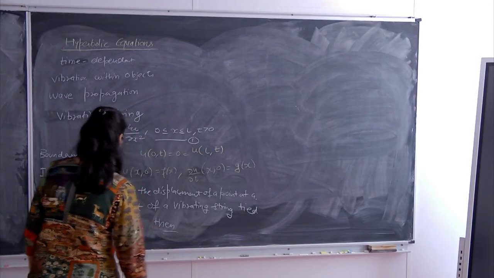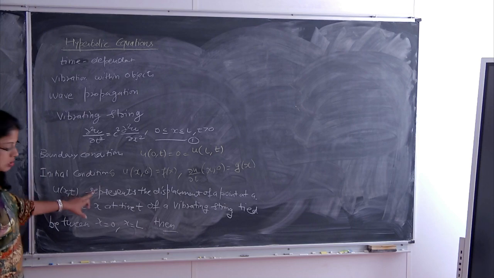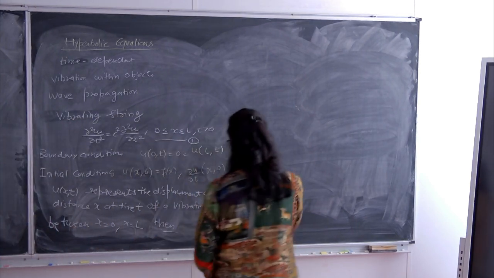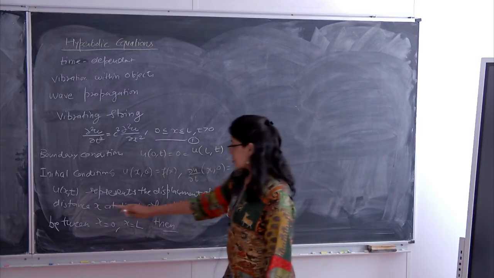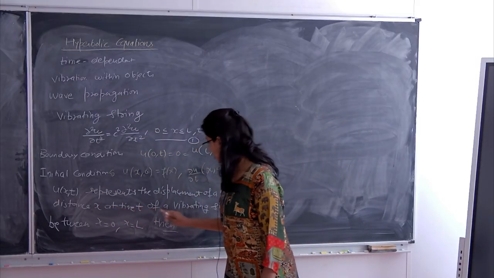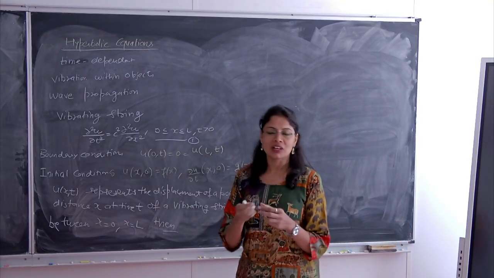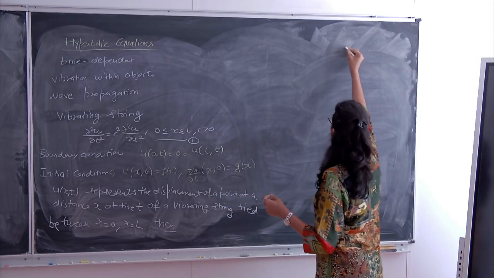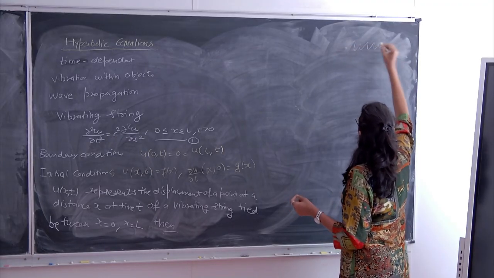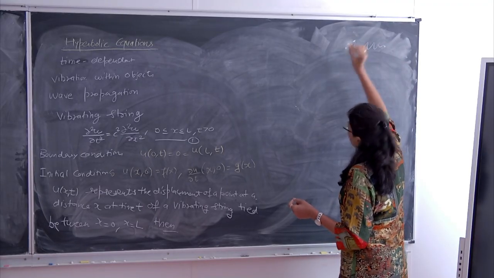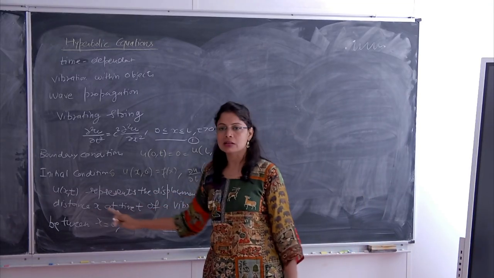So, let us read this. u(x,t) represents the displacement of a point at a distance x at a time t of a vibrating string. If you are given a vibrating string and we are taking a string that is tied at these two points, and there is some string vibrating here, then u(x,t) gives us the displacement of a point at a distance x at the time t.